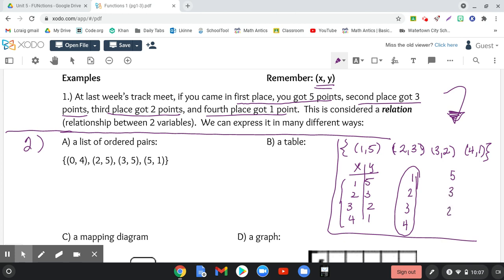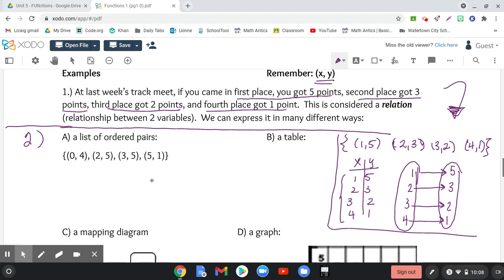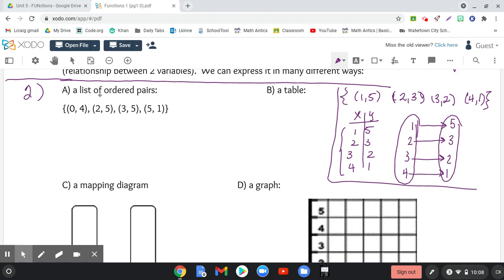With a mapping diagram, if you see something repeat, you don't write it twice, you just draw arrows. So basically, 1 would go to 5, 1 gets 5 points, second gets 3 points, third gets 2 points, fourth gets 1 point. That's a mapping diagram. So right there's 3 different ways, 4 if you look at the verbal description, to represent the same situation. All right, so let's do another example.